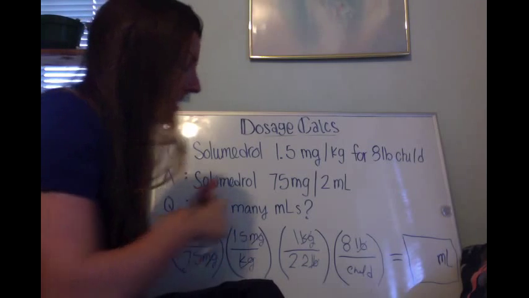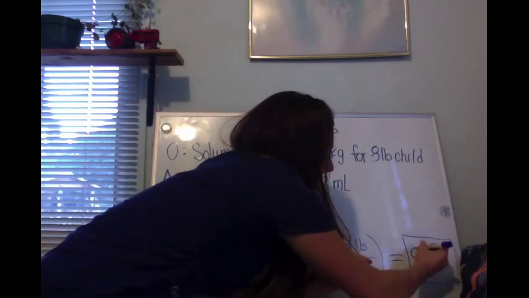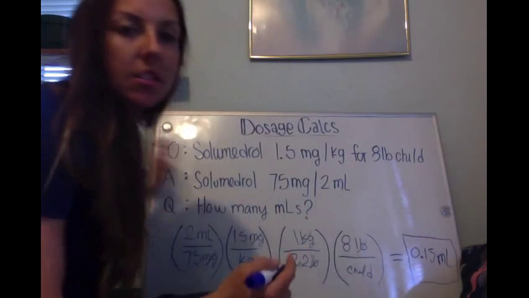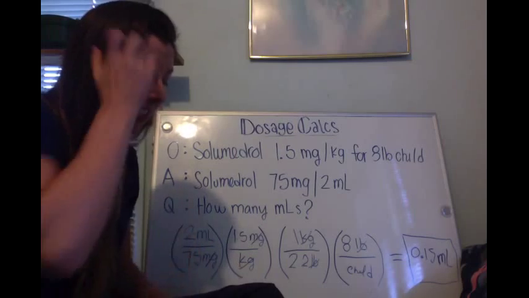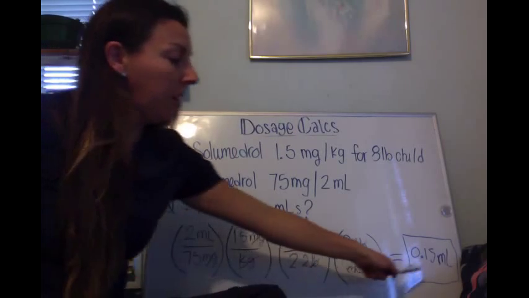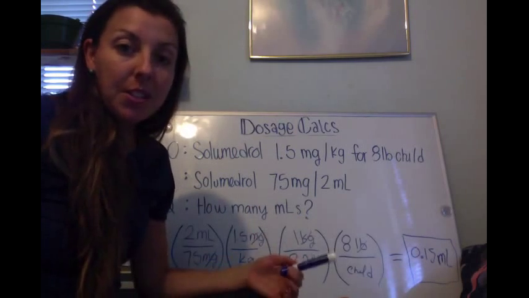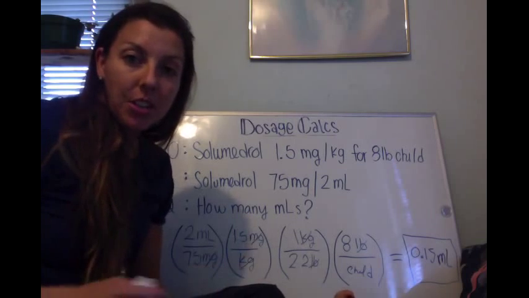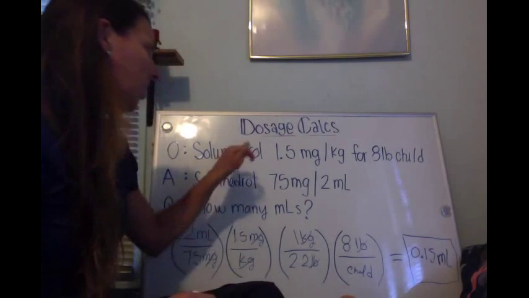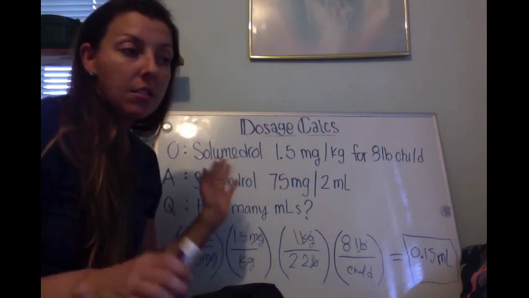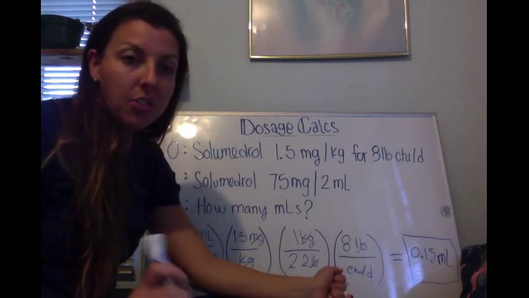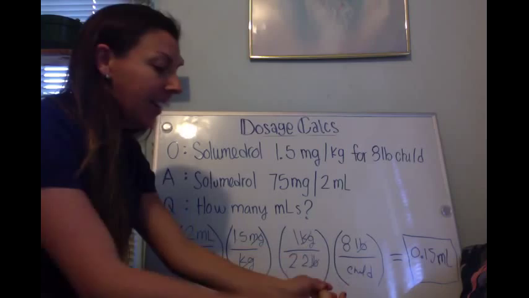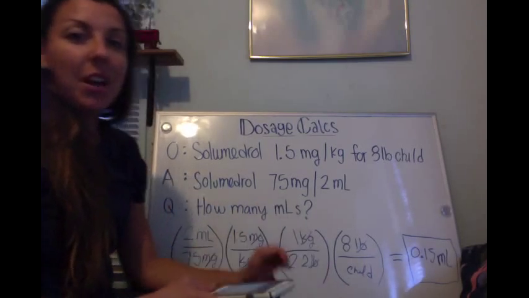So I'm going to round this up to 0.15 mLs. Sorry about the writing there. That's 0.15 milliliters. So what you're going to do with this after you've done this equation is also go into the pediatric dosage book and make sure that this dose is within the range for a child of this size. So that's your last dosage calculation there.